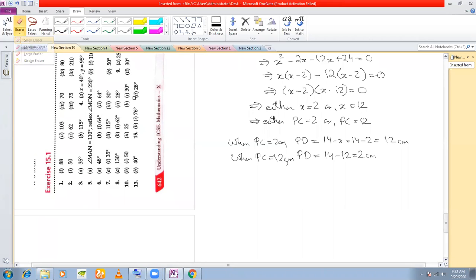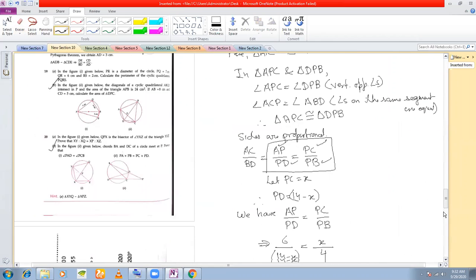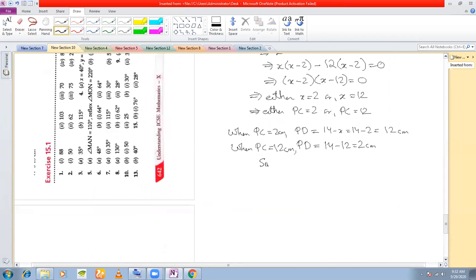Now the question is which one to accept? What is given here? The condition PC greater than PD. So since PC is greater than PD, PC equal to 2 centimeters, PD equal to 12 centimeters is not possible.